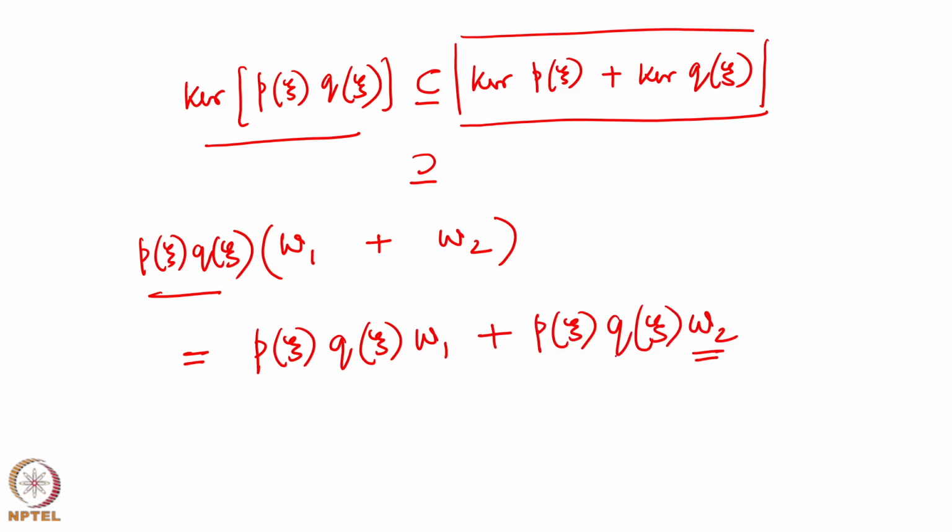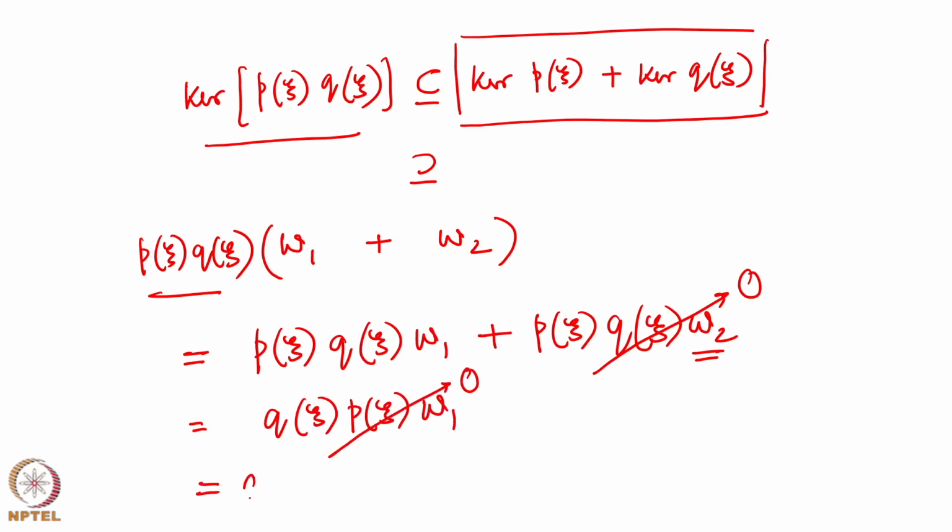But W2 belongs to the kernel of Q xi, so this goes to 0. P xi acting on the 0 trajectory produces 0. Once again using commutativity, the first term is the same as Q xi P xi W1, but W1 is in the kernel of P, so this goes to 0. So overall you get 0. So in fact this containment also is true. So what we have essentially is that the two are equal.